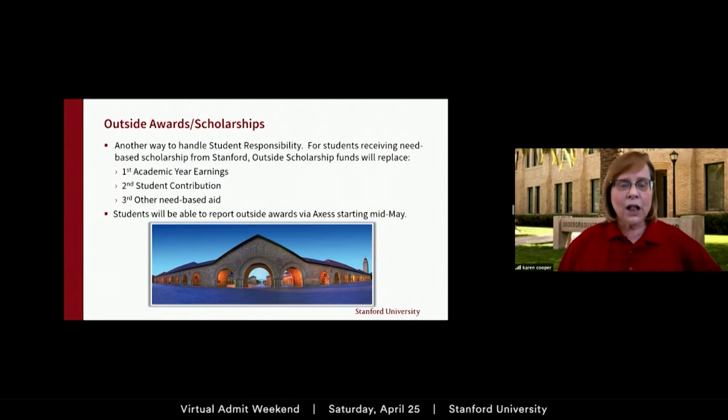If those outside scholarships total more than the student responsibility amount, scholarship from Stanford will be reduced because we have a need-based financial aid program and you have another resource that is meeting your need. Another way to think of that is that those outside scholarships cannot be used to replace the expected parent contribution if Stanford scholarship is involved.